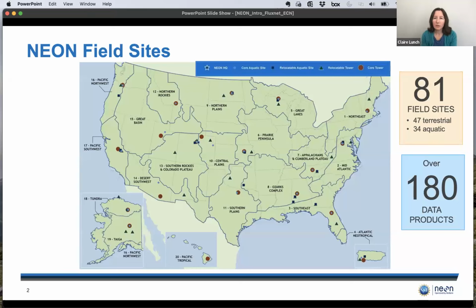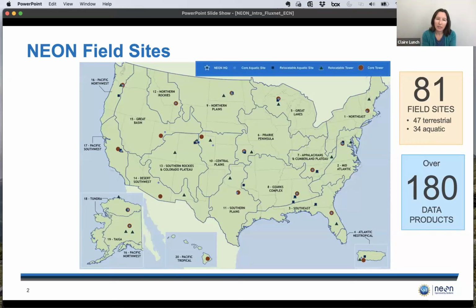Okay, so what is NEON? NEON is a network of 81 sites distributed across the United States, and that includes Alaska, Hawaii, and Puerto Rico. 47 of those sites are terrestrial and 34 are aquatic. They are distributed in 20 ecoclimatic domains.